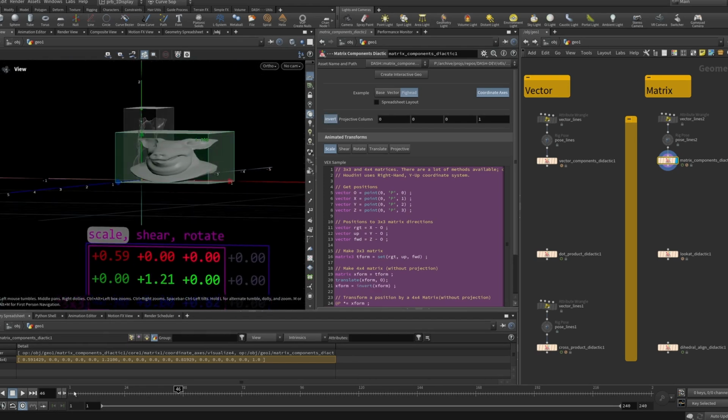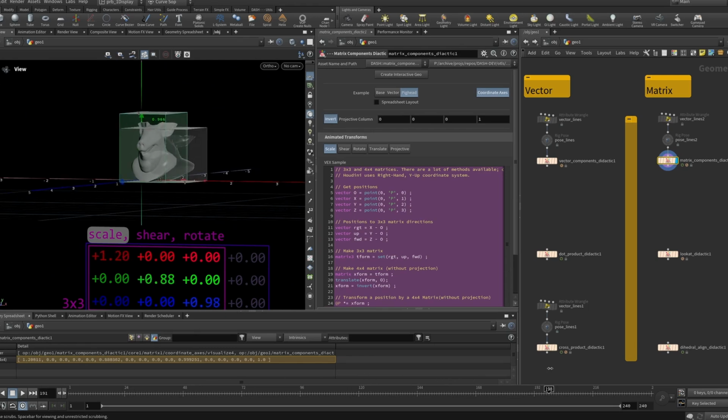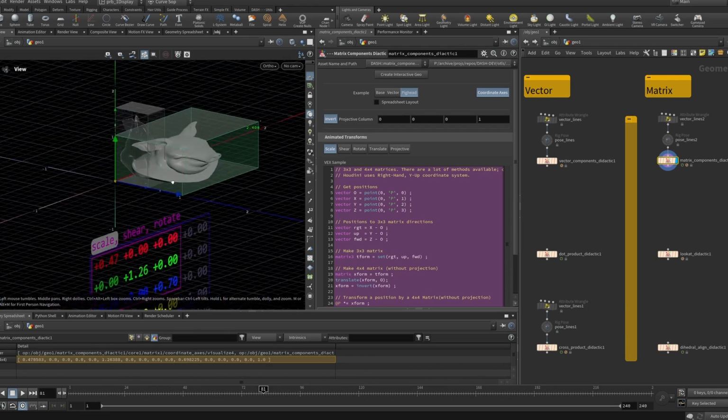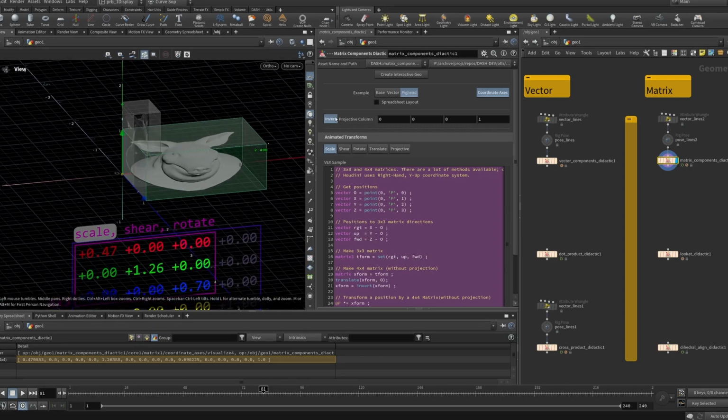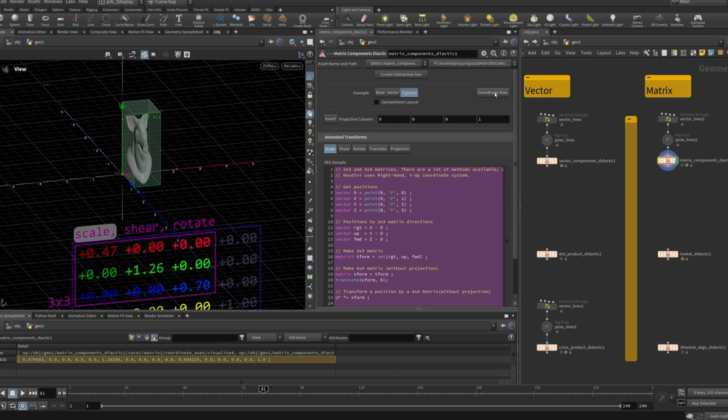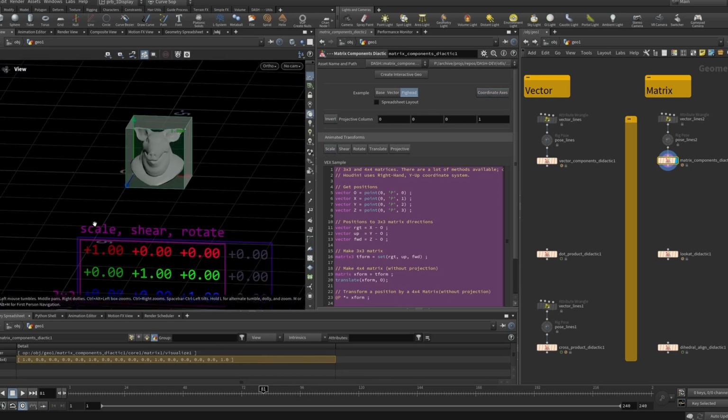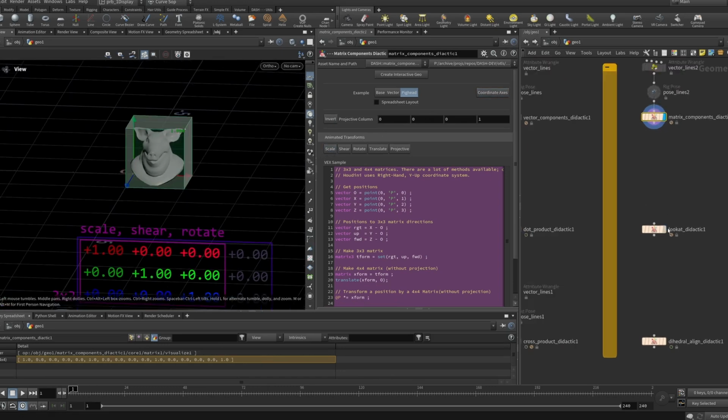So this is basically what inversion is about: doing the opposite transformation, or changing the definition of the 3D space so it matches that opposite transformation. All right, so that will be it for the matrix component.